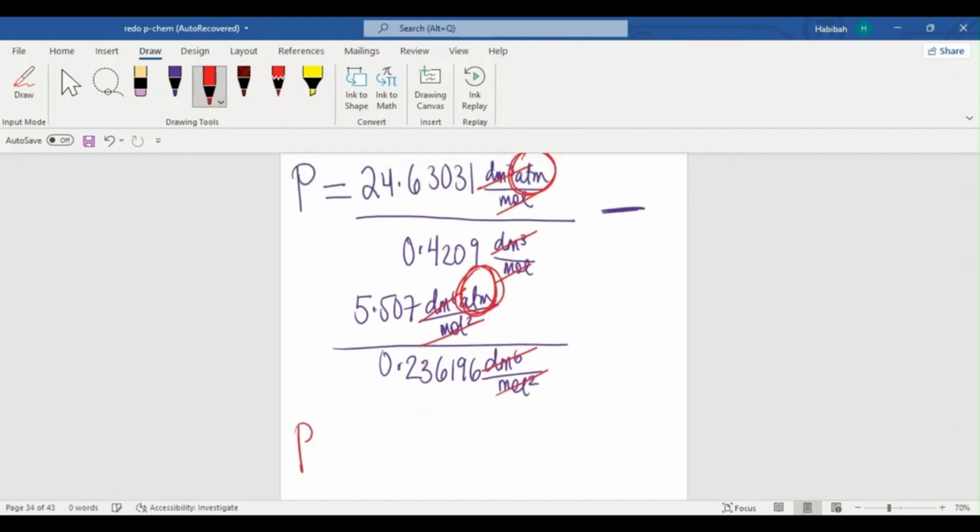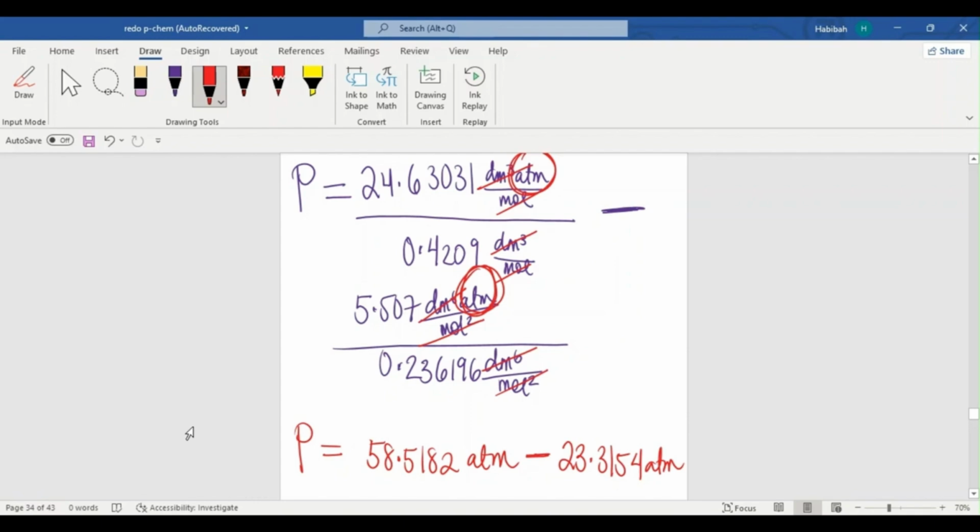So now you have pressure is equal to 24.63031 divided by 0.4209, which would give you 58.5182 atmosphere, minus 5.507 divided by 0.236196, which is simply 23.3154 atmosphere.